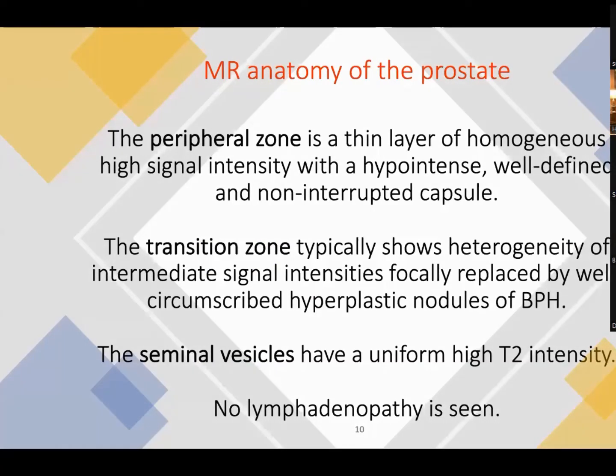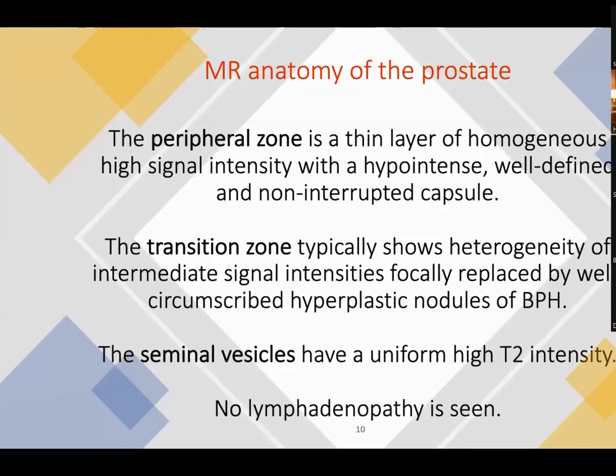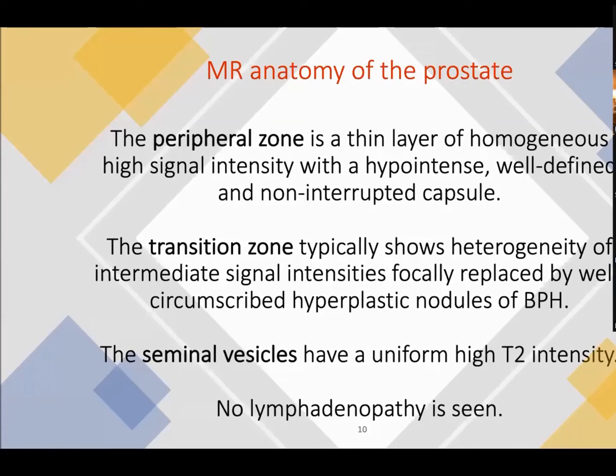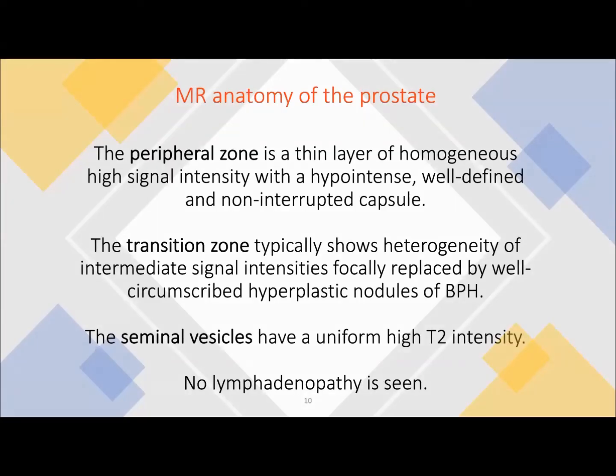Now, MR anatomy of the prostate is really understanding the zonal anatomy. The peripheral zone is a thin layer of homogeneous high signal intensity with a hypointense, well-defined and non-interrupted, continuous capsule.